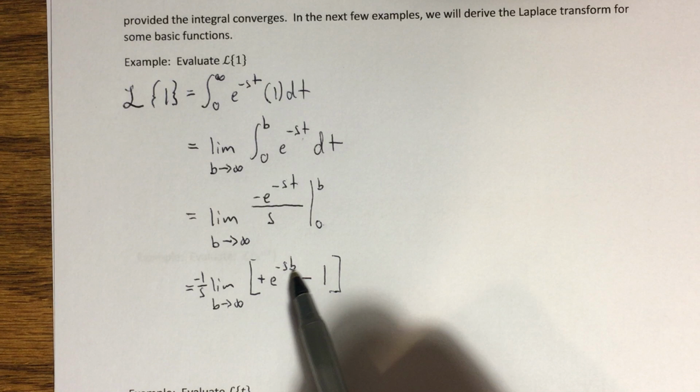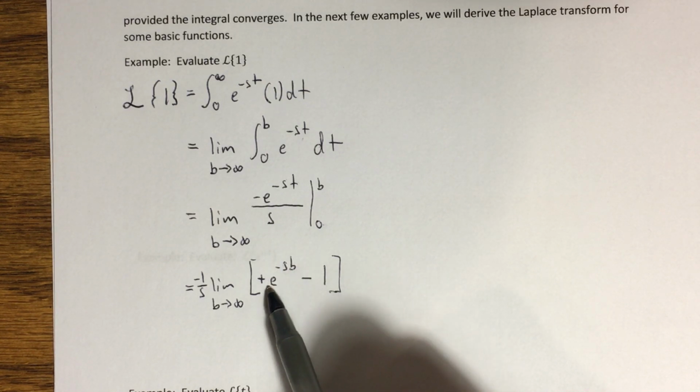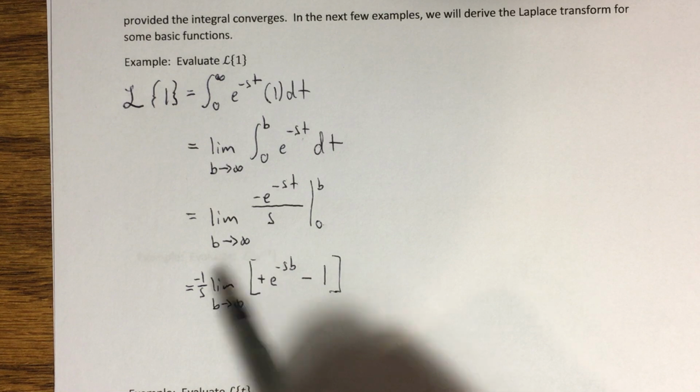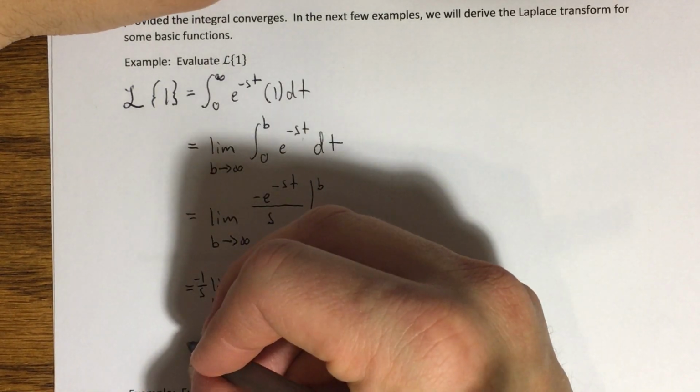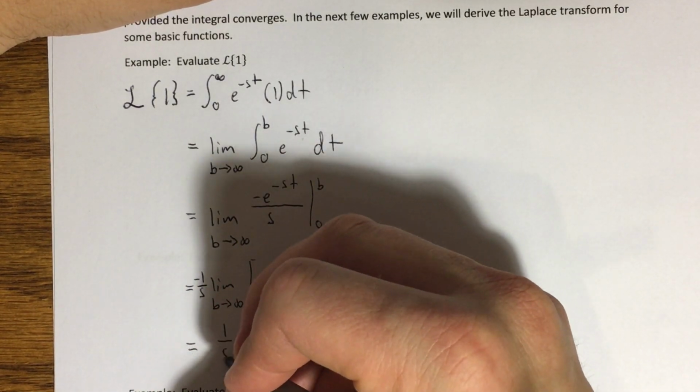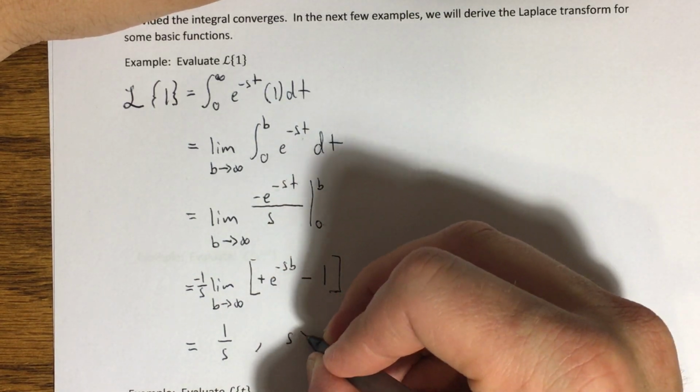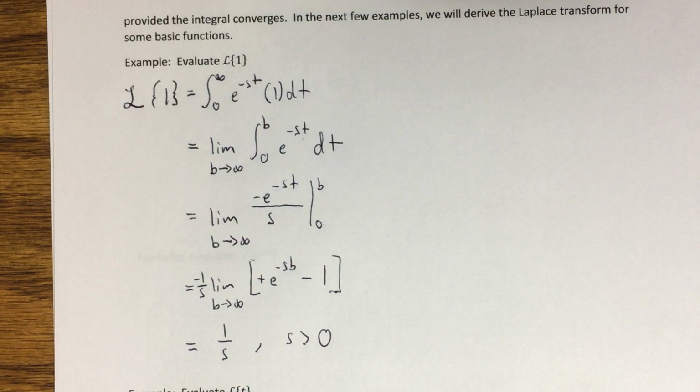B going to infinity is going to take this entire exponent towards negative infinity, which shrinks this term down to 0. And that means this expression in here is going towards negative 1. Multiply that to negative 1 over s, and we get positive 1 over s. And again, remember, this only worked when s was positive.